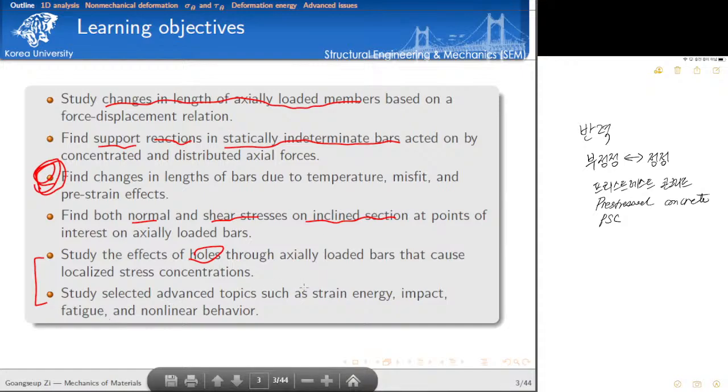We also would like to talk about the concept of strain energy, the energy concept, and this is very important. I prepared a separate subsection for the deformation energy. And then I will introduce the concept of fatigue and nonlinear behavior also.